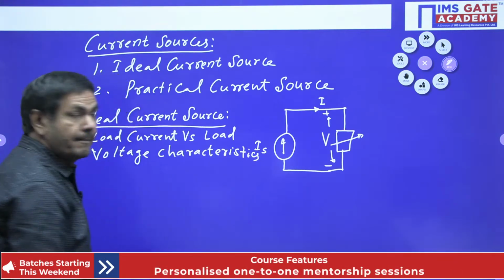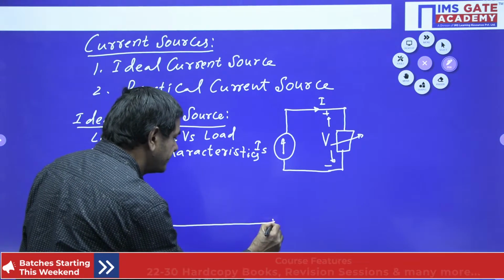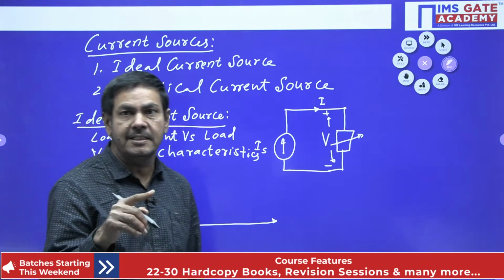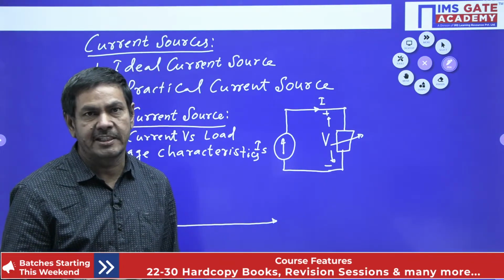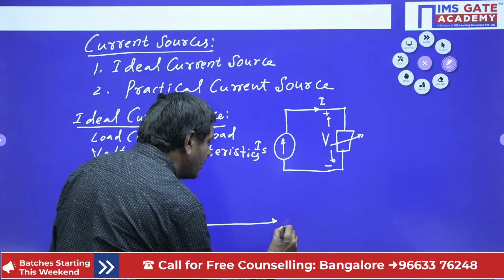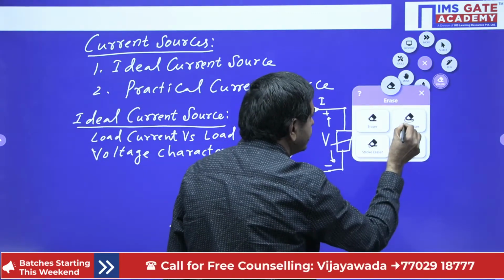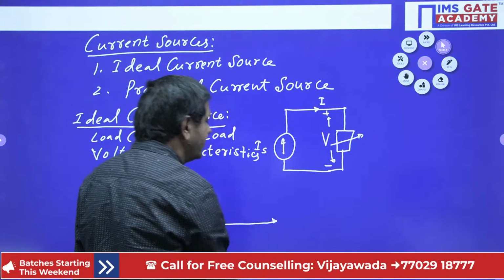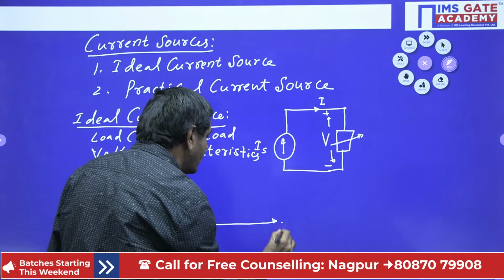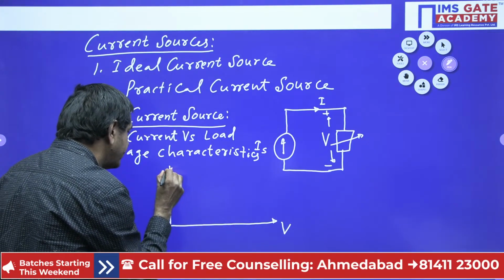How can we draw? Whenever it is a voltage source, the x-axis is taken as current and the y-axis as voltage. But in the current source, the x-axis is to be taken as voltage, sorry, this is to be taken as voltage only, and the y-axis is to be taken as current. This is the load voltage and this is the current, I.